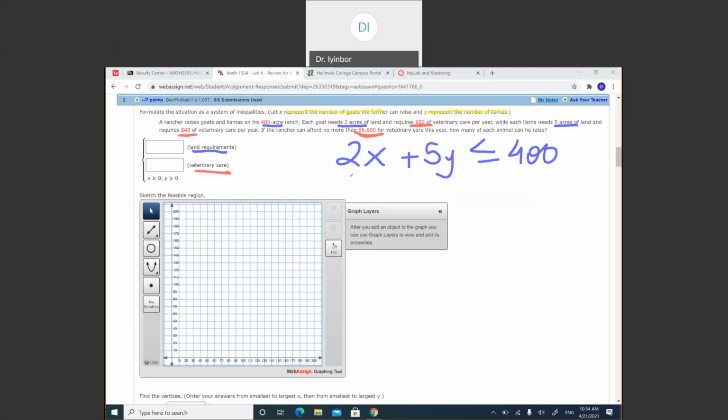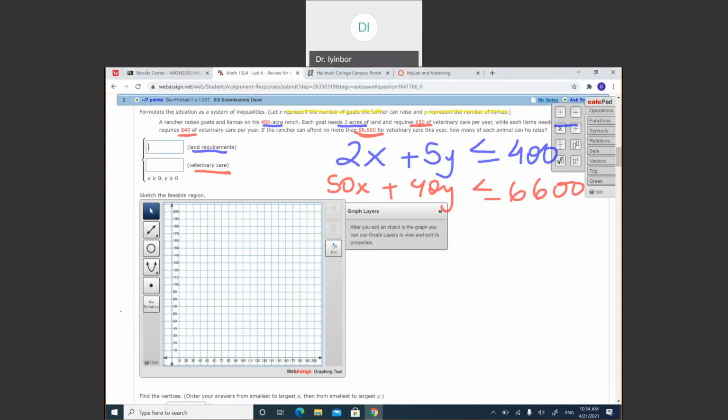So we're doing the same, 50x plus 40y has to be less or equal to 6,600. So that's what you're going to put here into the answer boxes. You're going to put 2x plus 5y is the first one.